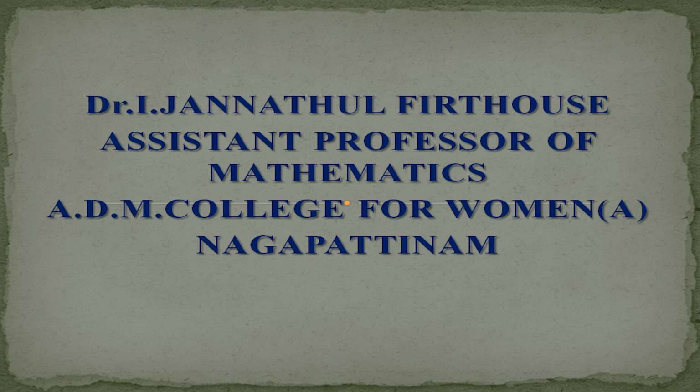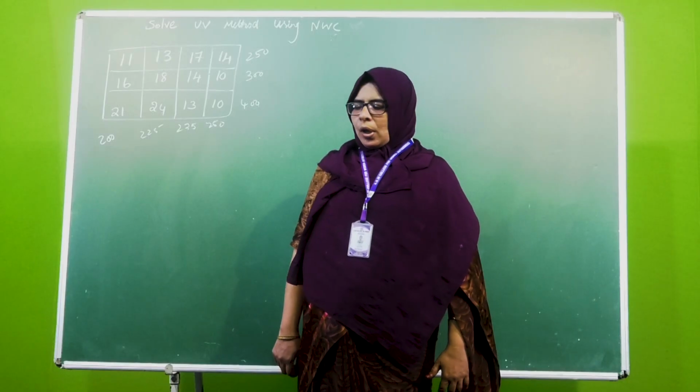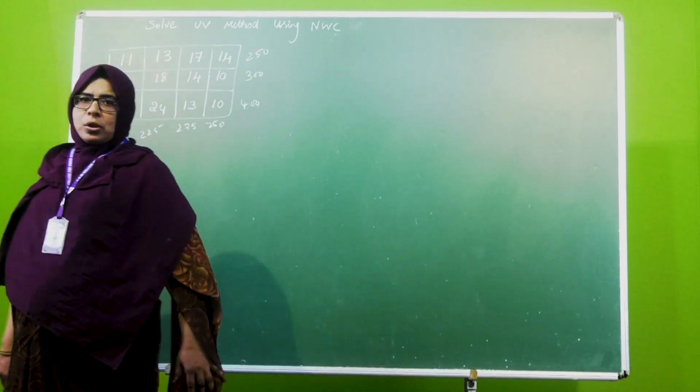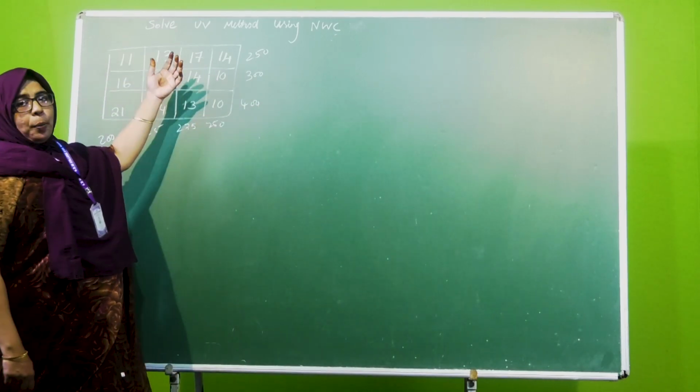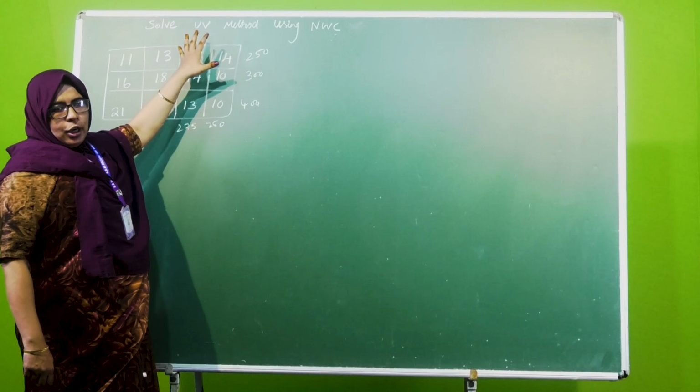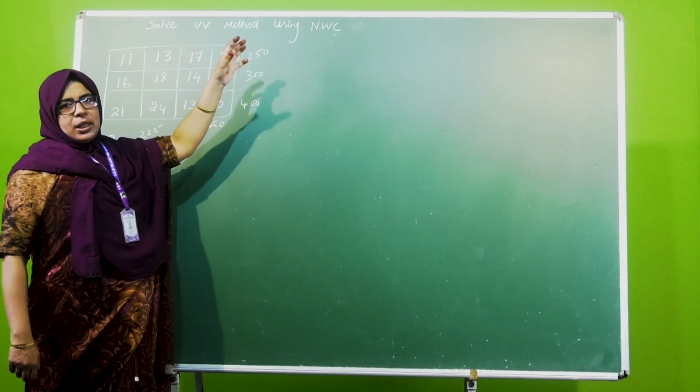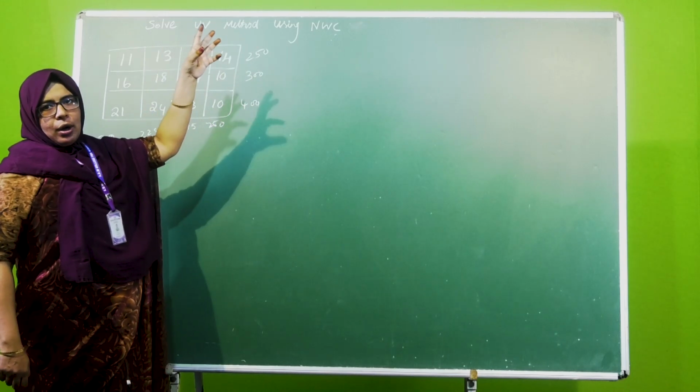Today we are going to see the topic in Operation Research: solve the UV method using the Northwest Corner Rule.